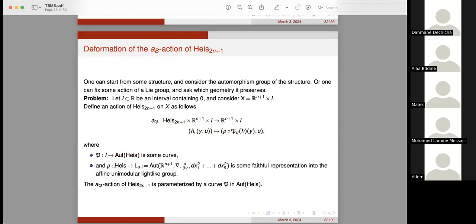I start with some action of Heisenberg which preserves this structure, and I deform it with any curve in the automorphism group of Heis.